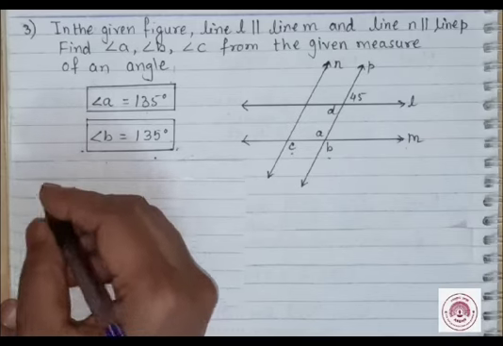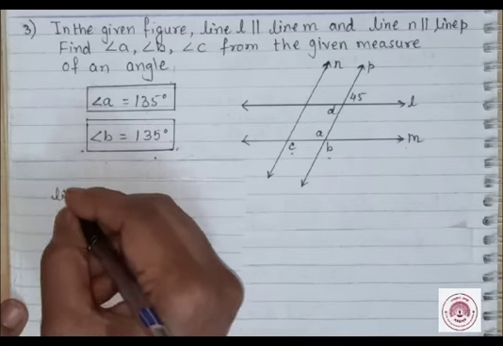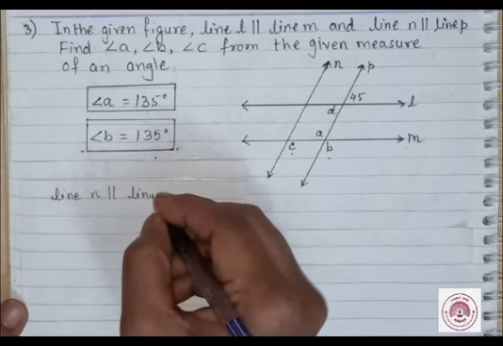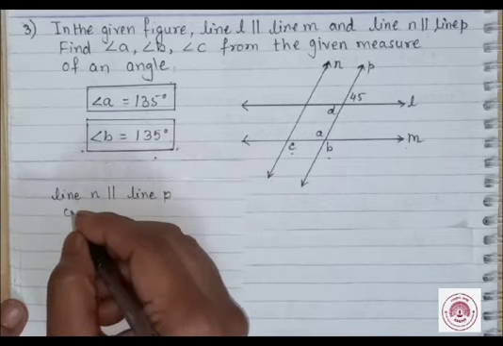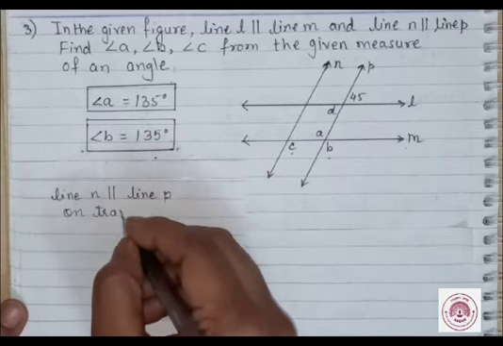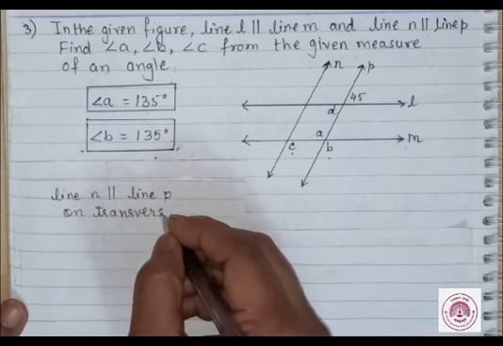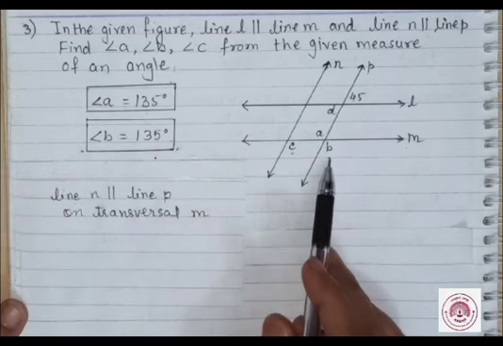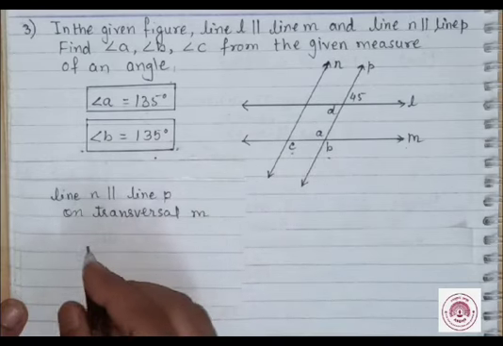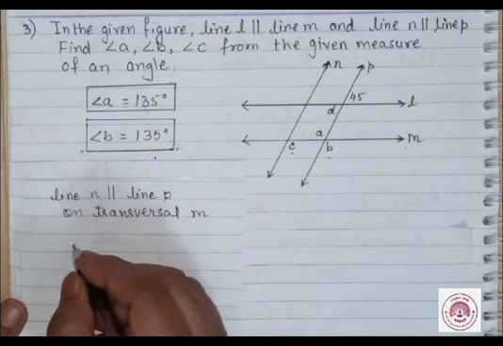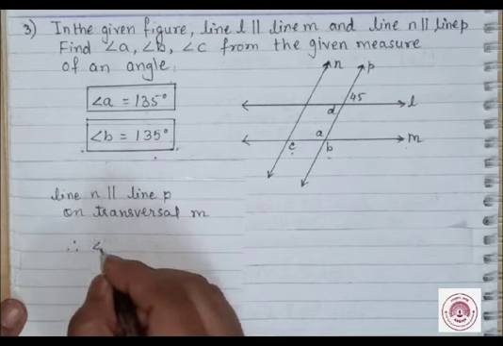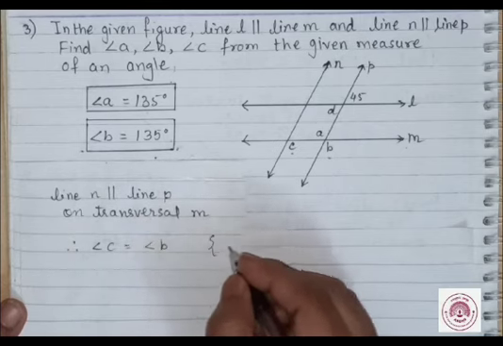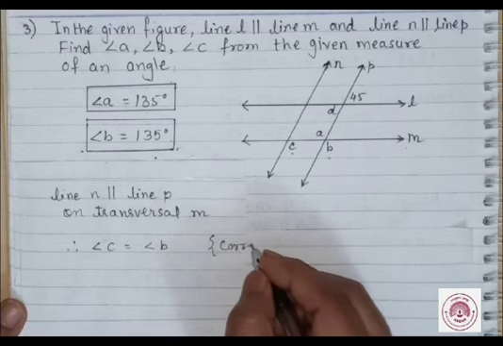Okay. Now let's find angle C. Line N is parallel to line P on transversal M. Now angle C and angle B are corresponding angles, and corresponding angles are equal. So angle C is equal to angle B. Reason? Corresponding angle theorem.